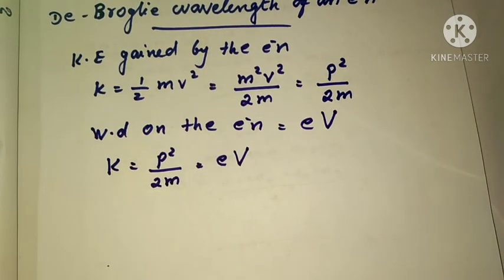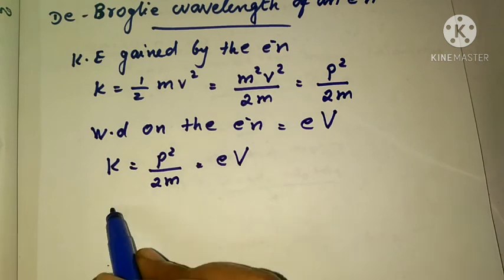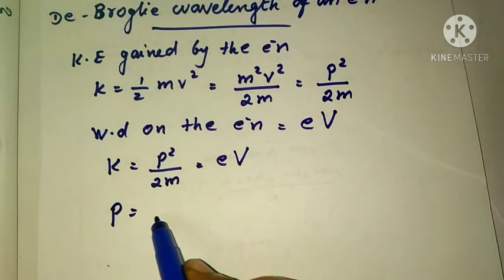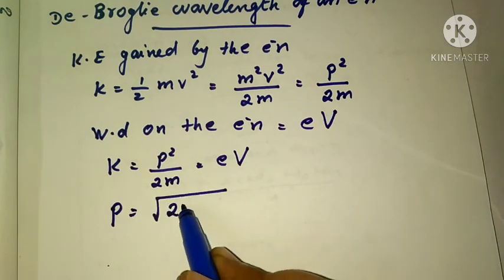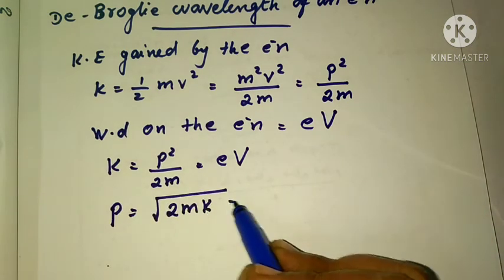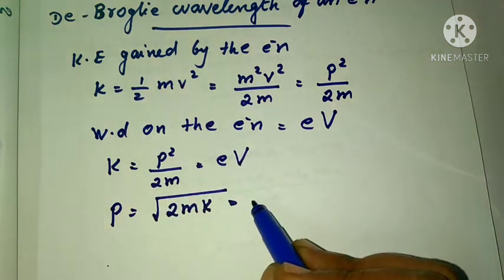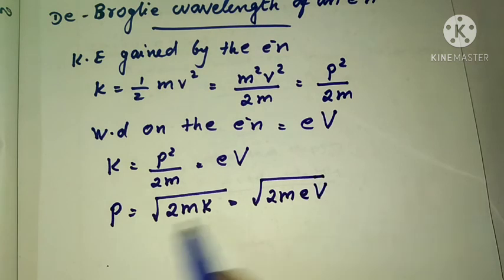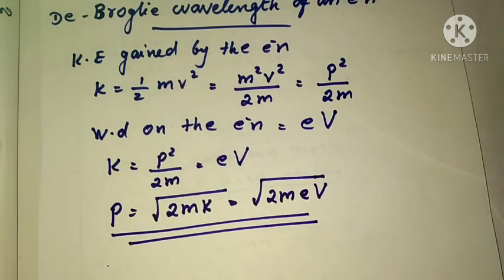So from this equation we can write the momentum p. p square equal to 2mK. Therefore p equal to root of 2mK or root of 2m into eV. These are the two equations of momentum in terms of kinetic energy and the volt.